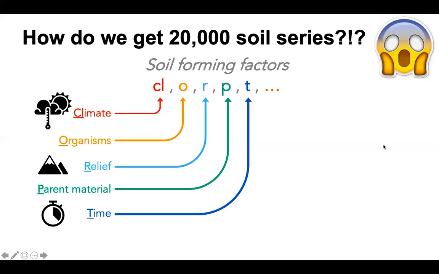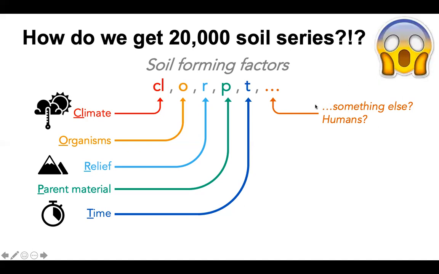Now, I'm sure some of you have noticed there's this over here. Hans Jenny, in his infinite wisdom, thought that maybe there are other things that people are going to come up with later. And so he included this. Soil scientists haven't all agreed on what that might be, but some people like to say that humans specifically are not part of this O, with other organisms.